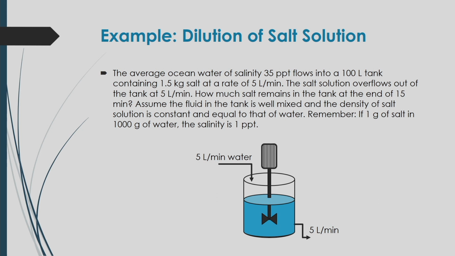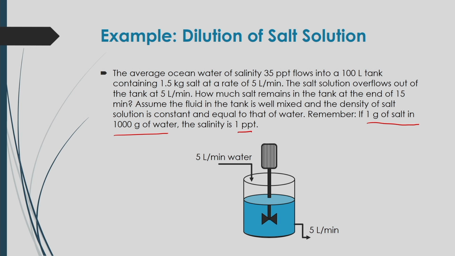Now, in this case you have to remember, if there is 1 kg of salt in 1000 gram of water, the salinity will be equal to 1 ppt. So, this is ocean water with salinity 35 ppt that flows into a 100 liter tank that contains 1.5 kg salt, at a rate of 5 liter per minute.